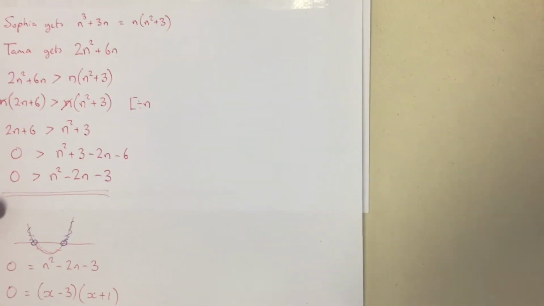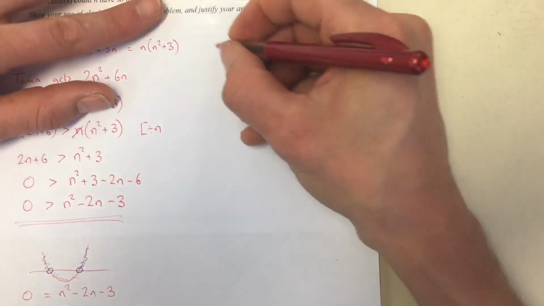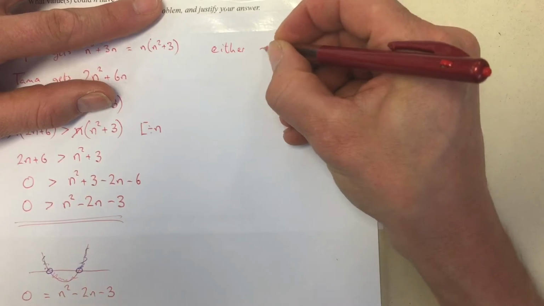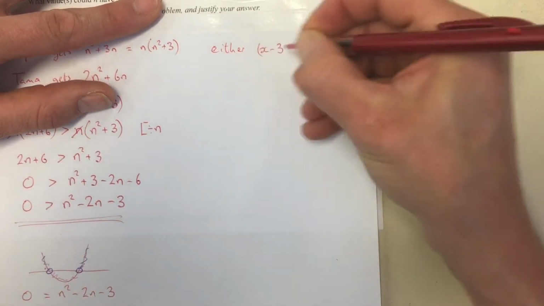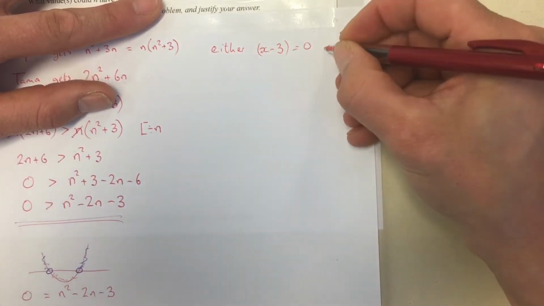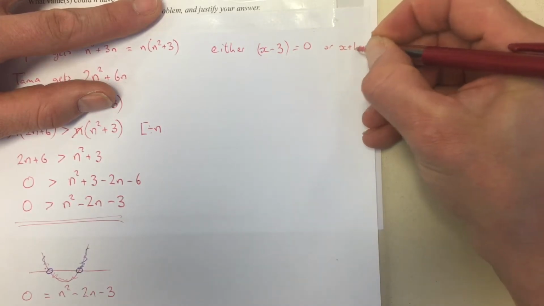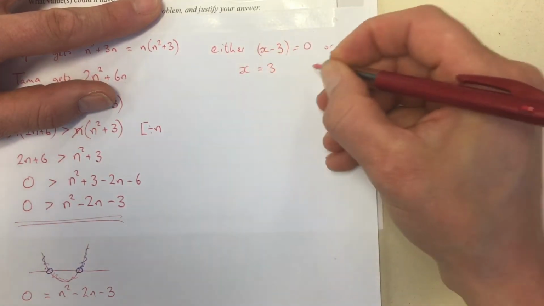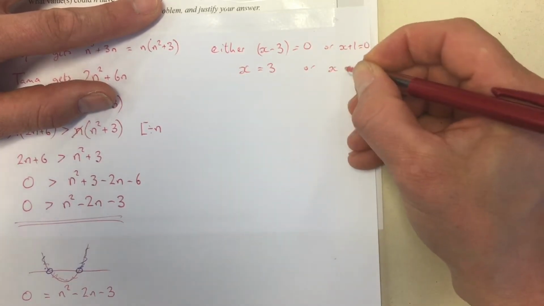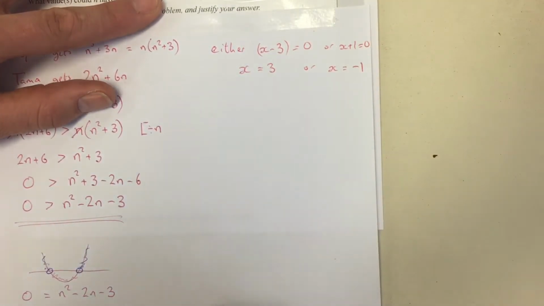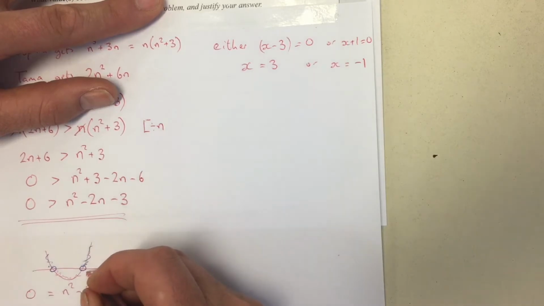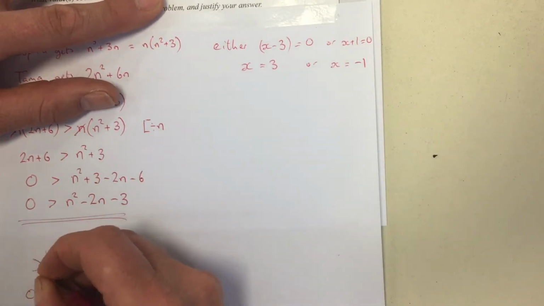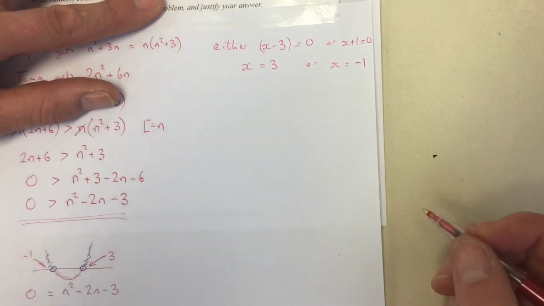Okay, so I know that either x minus 3 equals 0 or x plus 1 equals 0. So x equals 3 or x equals -1. So I know that this point here, if we go back to our diagram, that point there is 3, that point there is -1.